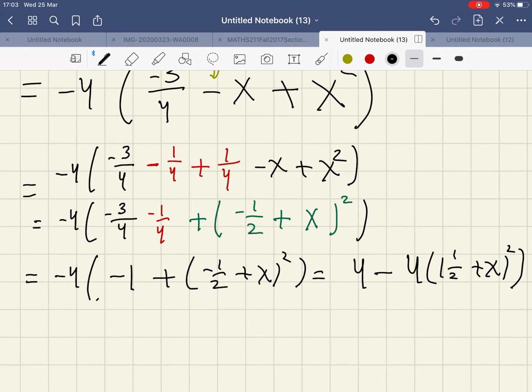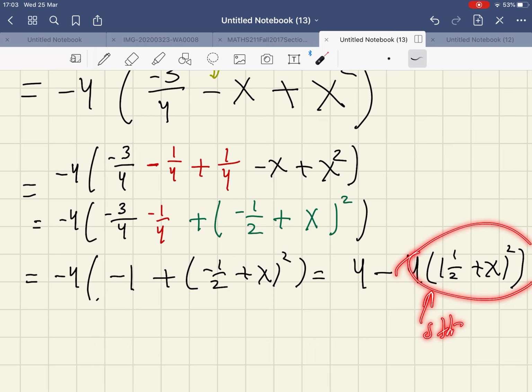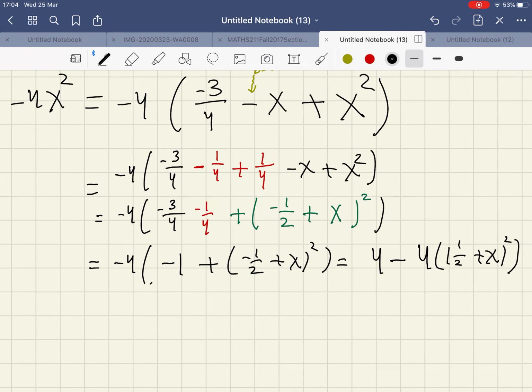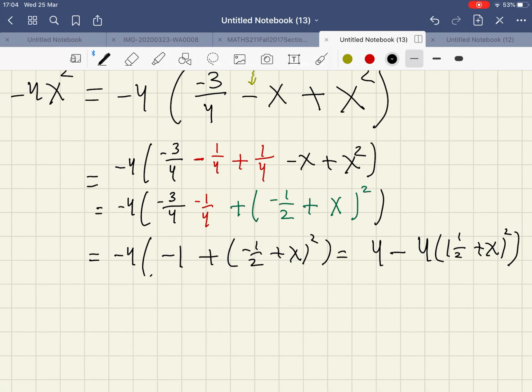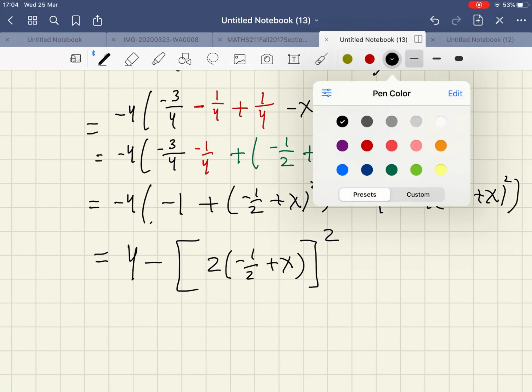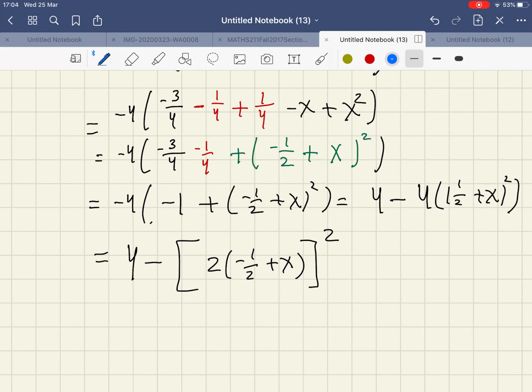And now, if you want to do the substitution, you will look at this as a number minus something square. So something square will be, what is my substitution? So if you take something square, this is will be what? It would be 4 minus 2 negative half plus x squared.